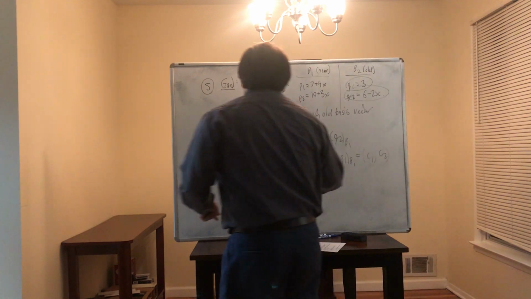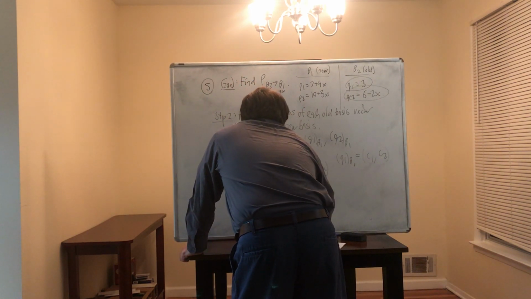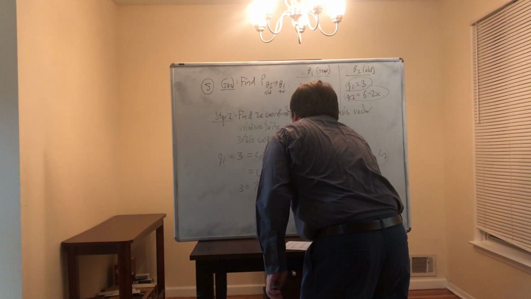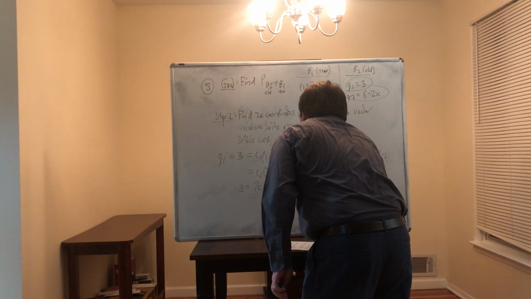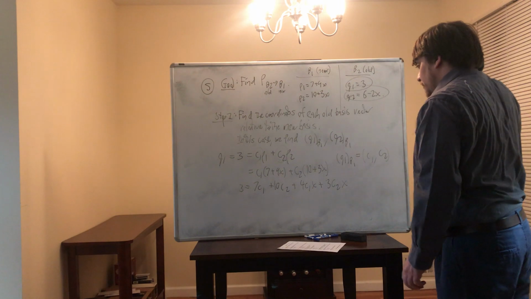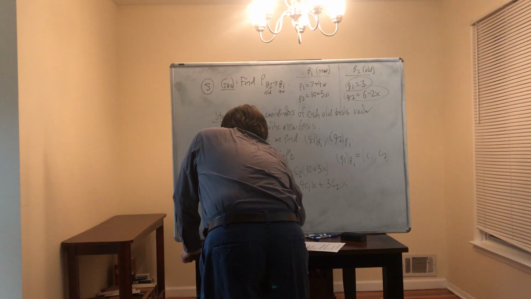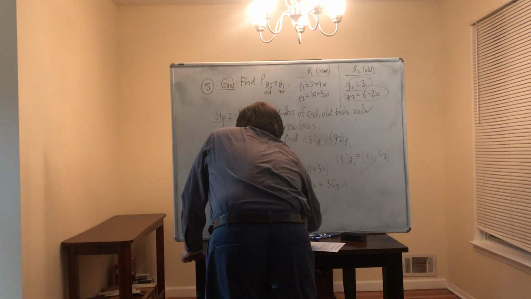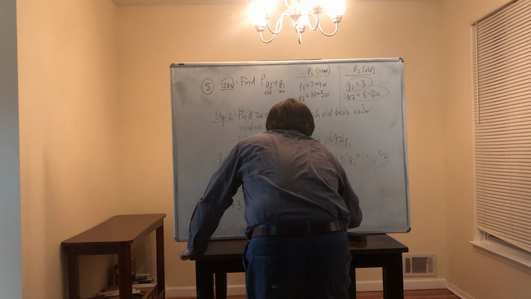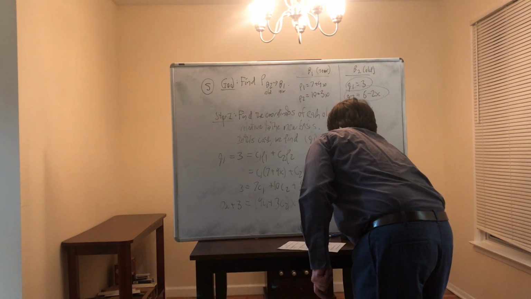So we just have to find the solutions to this equation. We have 3 is equal to 7C1 plus 10C2, plus 4C1x plus 3C2x. Simplifying, that's 0x plus 3, which is equal to 4C1 plus 3C2 times x plus 7C1 plus 10C2.